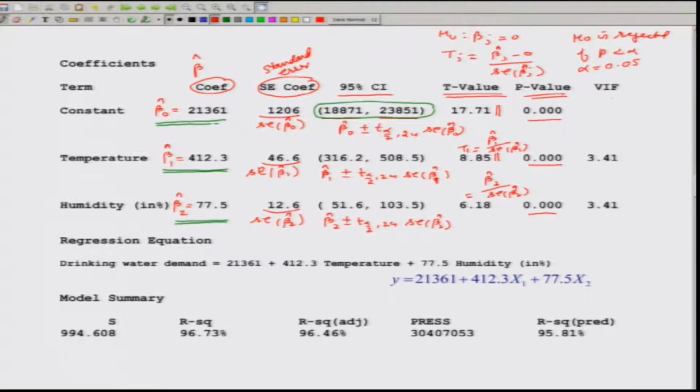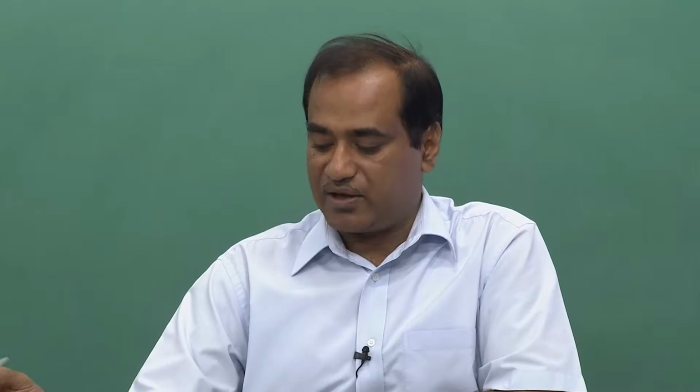The last column is variance inflation factor. You may recall that we had discussed this diagnostic when we wanted to test the assumption of rank of x equal to k, that means all x1, x2, xk are independent or not, and we had defined that VIF was equal to 1 over 1 minus Rj square, where Rj square is the coefficient of determination obtained by regressing the jth explanatory variable xj over the remaining k minus 1 explanatory variables.